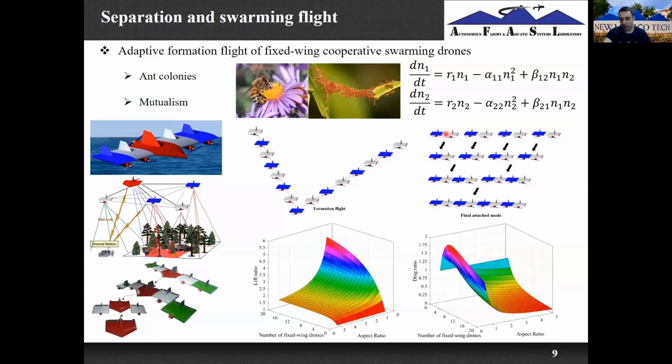Also, once you're attaching, you're increasing the wingspan, you're increasing the size of the aircraft, which is good because the drone eventually consumes less energy. So they both can take advantage, the white one and the blue one. This is exactly the same thing that we are looking at in nature, which is called mutualism. Mutualism is one of the phenomena from nature that we are looking at to design drones which can fly together for different types of missions.